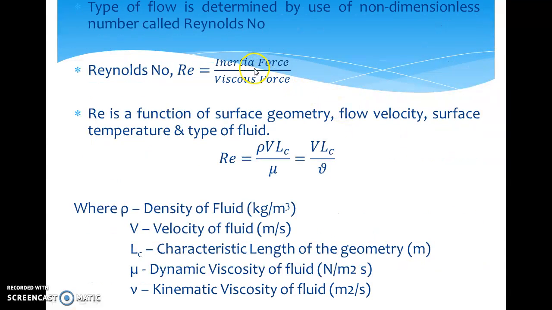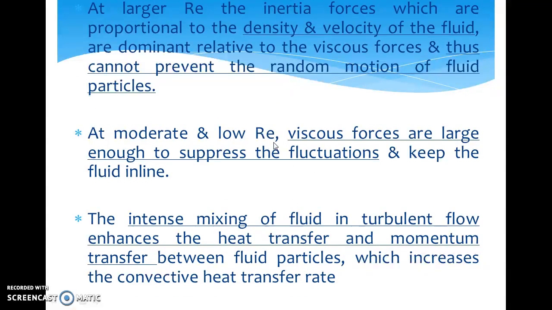So when the inertia force dominates the viscous force, the Reynolds number will be greater than 1 and it will be higher. In such cases, the random motion of the fluid particles cannot be prevented. At moderate and low Reynolds number, viscous forces are large enough to suppress the fluctuations and keep the fluid in line.